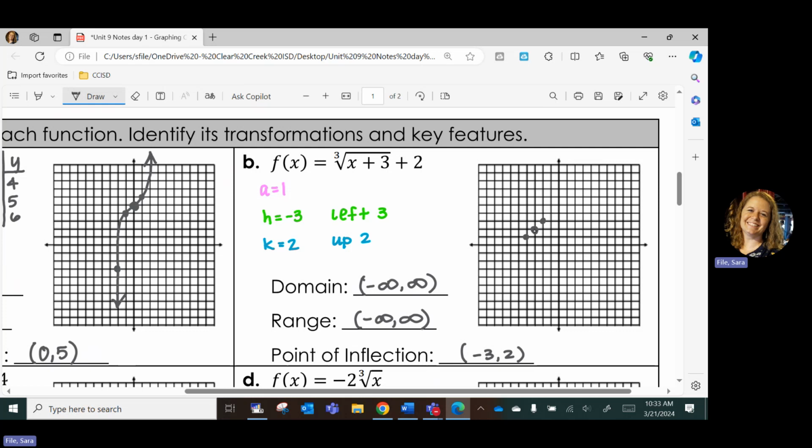Or again, from the point of inflection, it's going to be over 8, up 2. This is a cube root. Make sure you're looking at the right parent function. So over 8, up 2. If I go left 8, down 2, be off the grid a little bit.